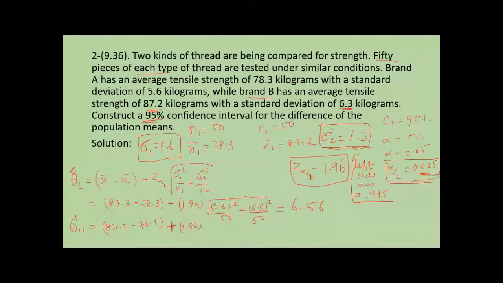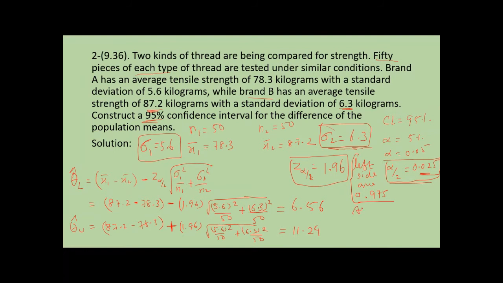It will be added, isn't it? Under the square root, the same term, 5.6 square over 50 plus 6.3 square over 50. And when you calculate it by using a calculator, the answer is 11.24.